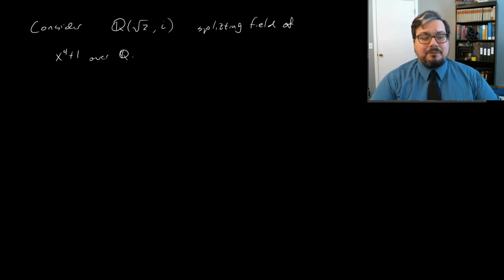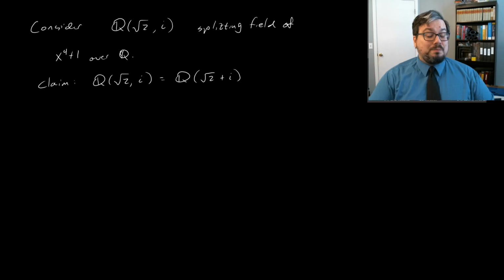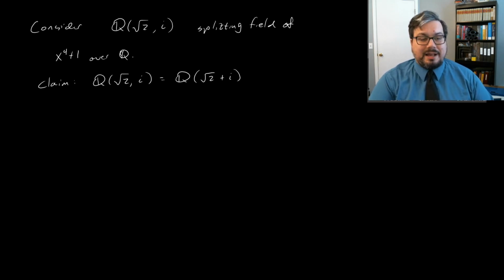But we can, in fact, go even further. We claim that Q(square root of 2, i) is actually equal to the smallest field containing just the number square root of 2 plus i. So the difference here is that here we've got the smallest field containing Q and 2 algebraic elements. This is the field containing Q and a single algebraic element.